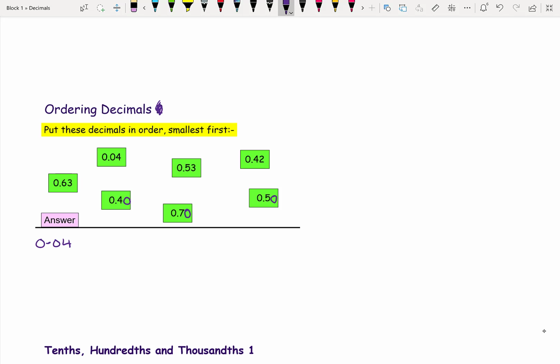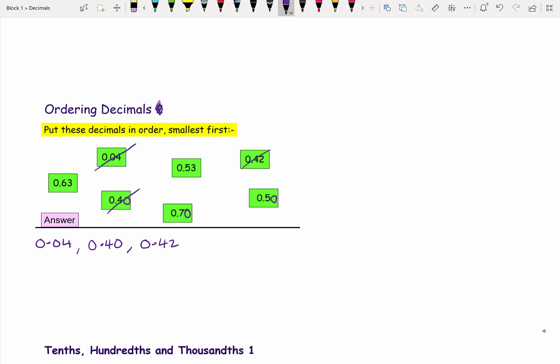There's nothing that goes 0.1 or 0.2 or 0.3. Next things I've got are 0.4, and I've got 0.40 and 0.42. So the first one is going to become 0.40, and then I've got 0.42. And what we're going to do is just cross them out as we go, so that we don't forget that we've already written them.